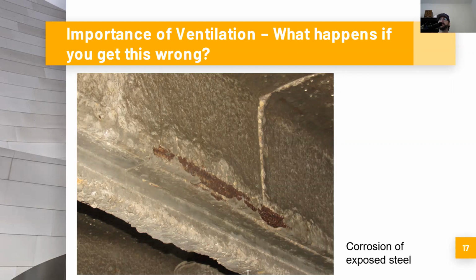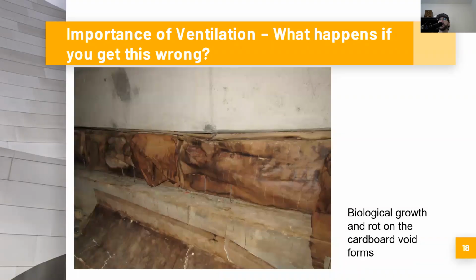Another potential problem, if you get the ventilation wrong, is corrosion of exposed steel, where the crawl spaces are constructed of steel components. Corrosion is a concern if you're not keeping it dry. And lastly, in this particular instance, the cardboard void forms are wet and exhibiting evidence of biological growth and rot.